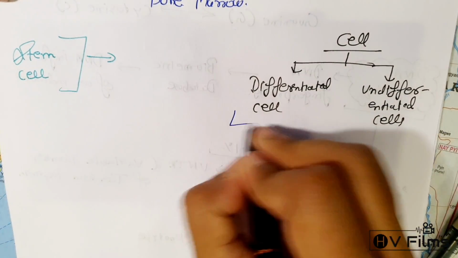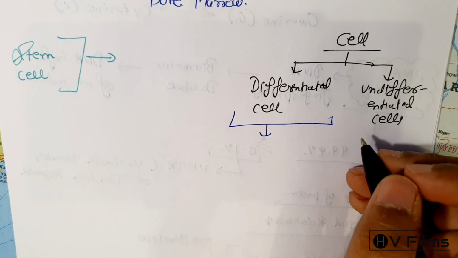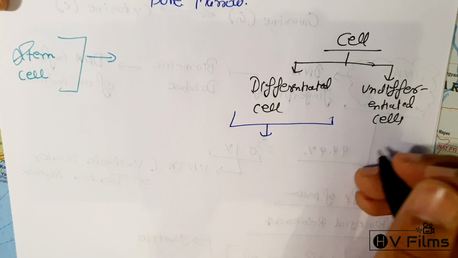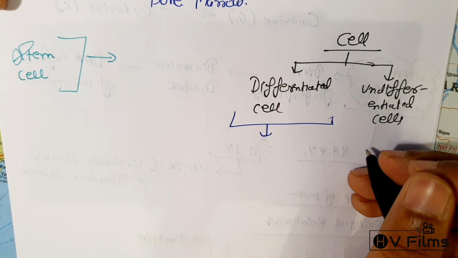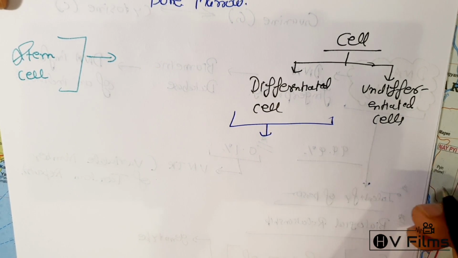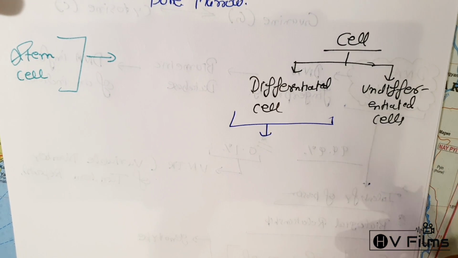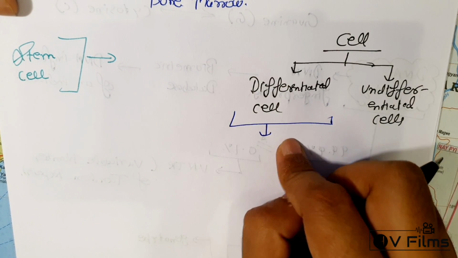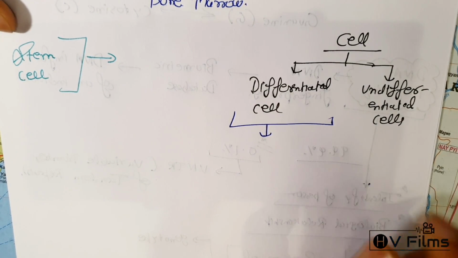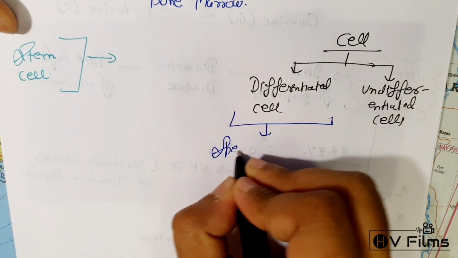The differentiated cells are the building blocks of tissues and organs, and they are specialized to form tissues and organs. Simple as that, because we know that when cells combine together, they form tissues.